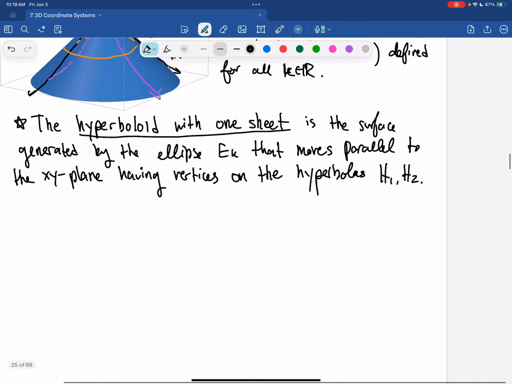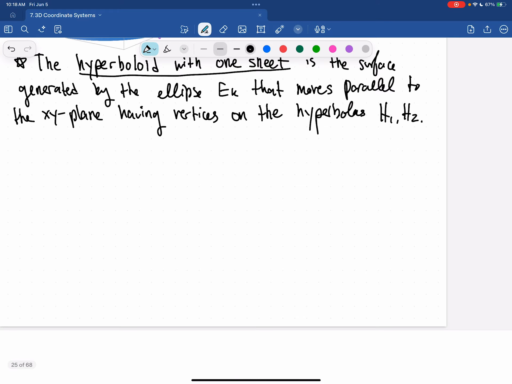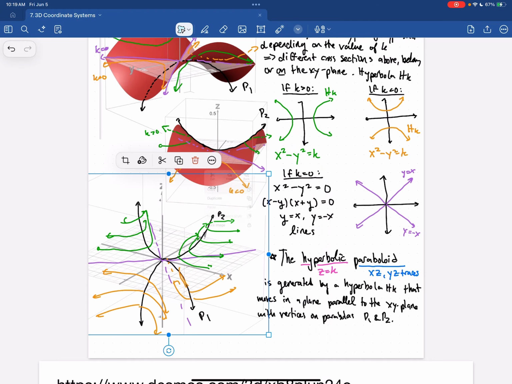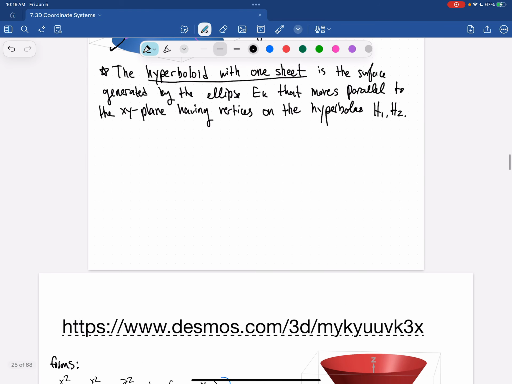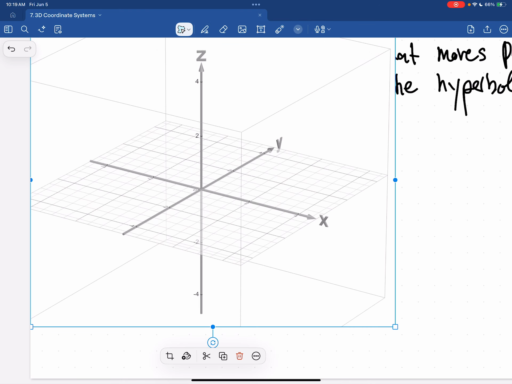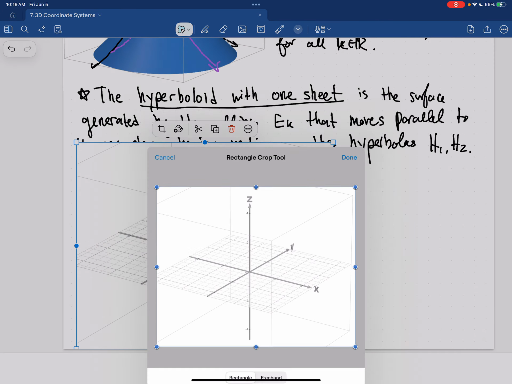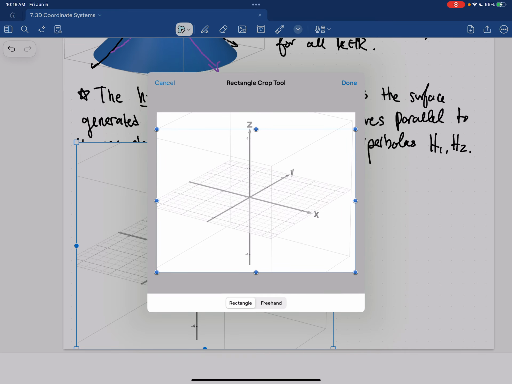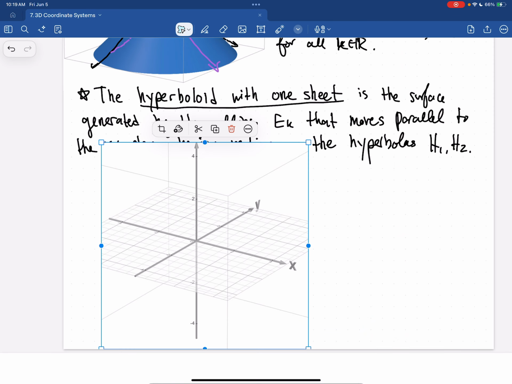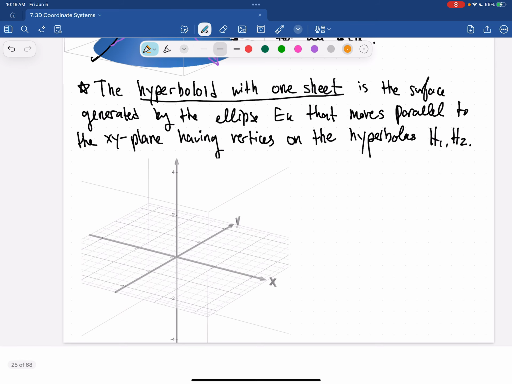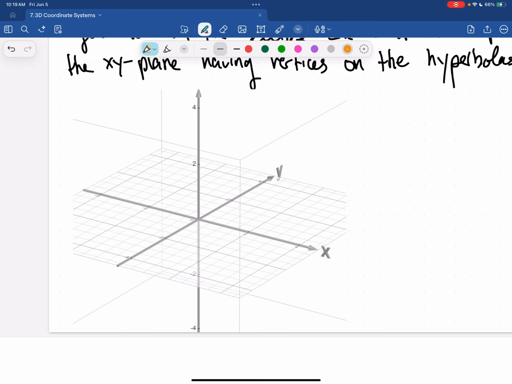So if I were to start from scratch on a set of axes, maybe I'll copy and paste one of the blank ones I had up here. Okay. So we know that we get all these little EKs. We even have one when k is equal to 0. E0 would be the unit circle. Isn't that interesting? I guess we can draw that even.